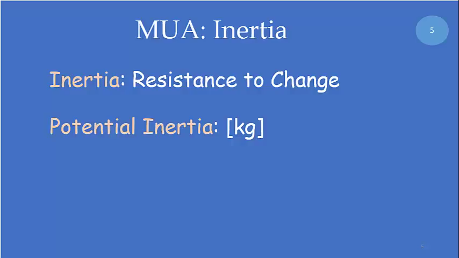An object in stillness remains in stillness unless acted upon by an external object. An object in stillness resists change to its state of stillness. This is what we normally call rest mass. An object in potential remains in potential unless acted upon by an external potential.